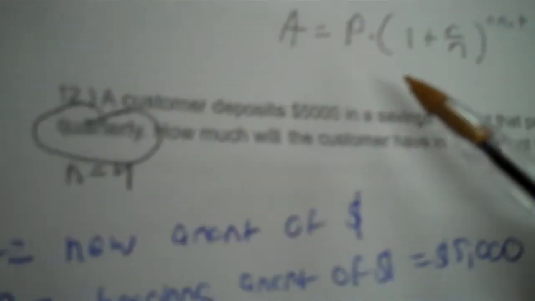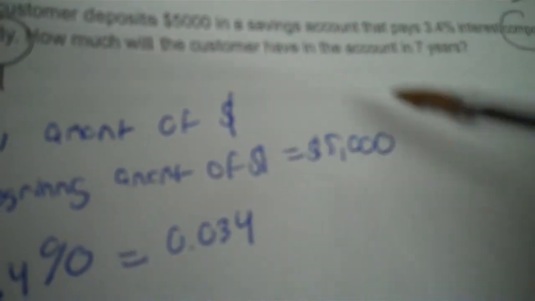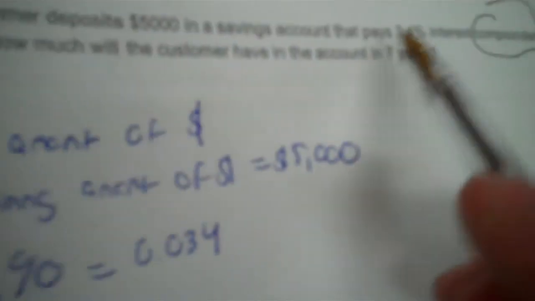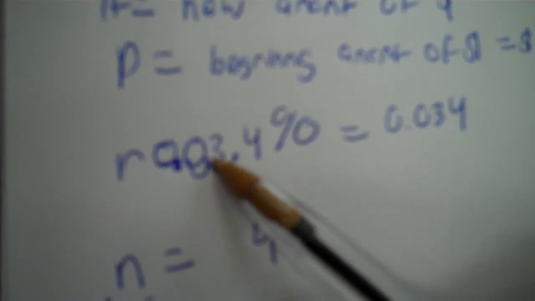So again, in that formula, A is the new amount of money, which is what we're finding. P is the beginning amount of money, 5,000. R is your percentage, 3.4%, but you need to move the decimal twice left. But 0.34 is only one time. You need to move it again, so it's 0.034. N's the number of times in a year.